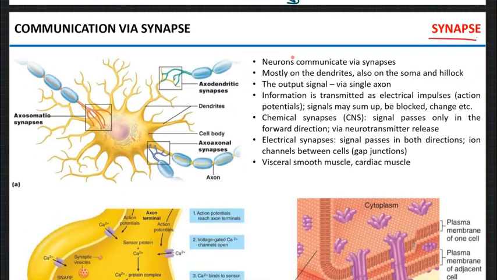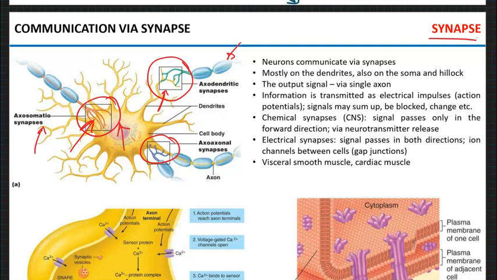Here you can see the synapses between the axon of one neuron and the dendrites of another, so axodendritic. Here you see synapses between the axon of one neuron and the body, or soma, of another, so axosomatic. And synapses can even be formed at the very beginning of the axon, on the axon hillock.